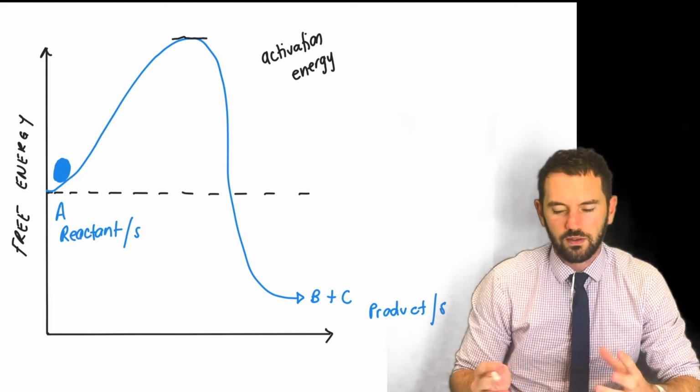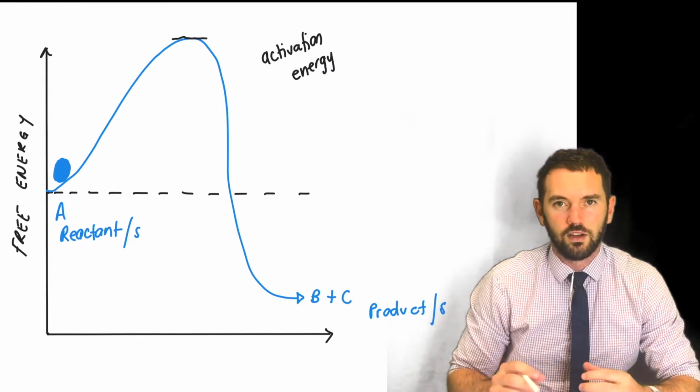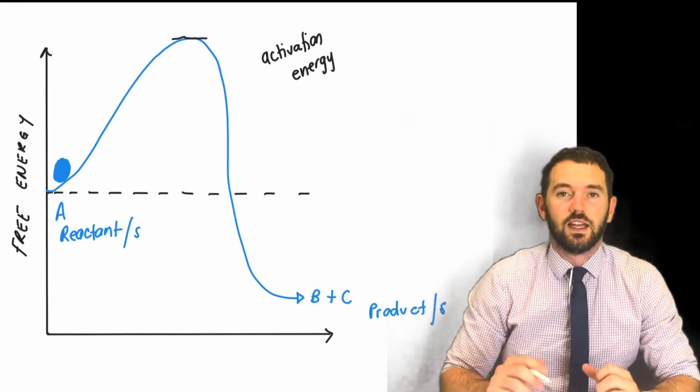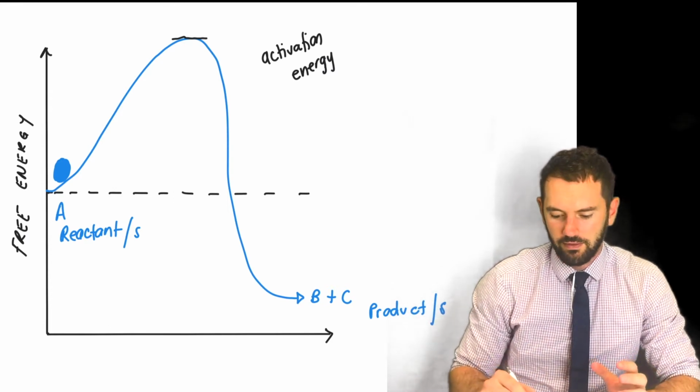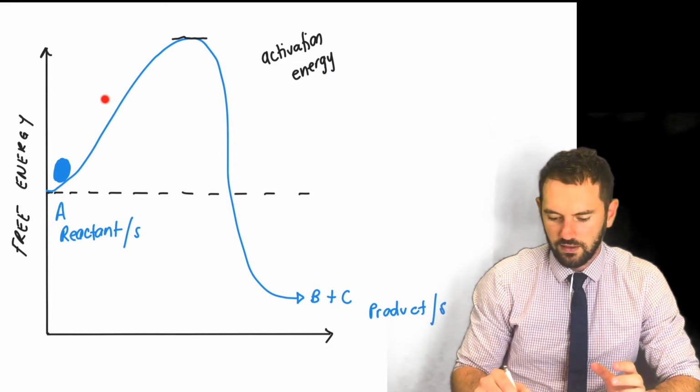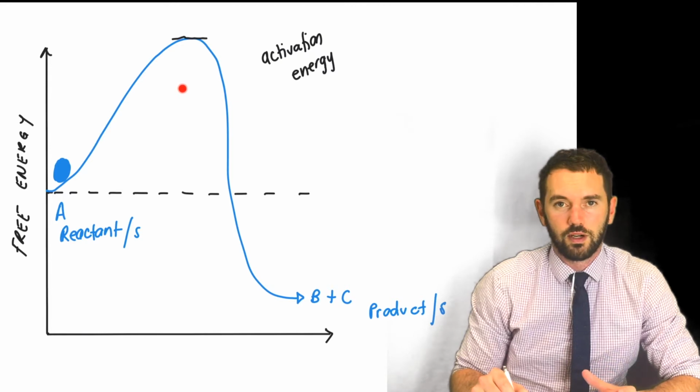So for example, humans, around 37 degrees, we don't fluctuate much from that. So that's our heat, our free energy system that we don't really alter. Therefore, if this energy level is above 37 degrees Celsius, then those reactions will never occur in the body.